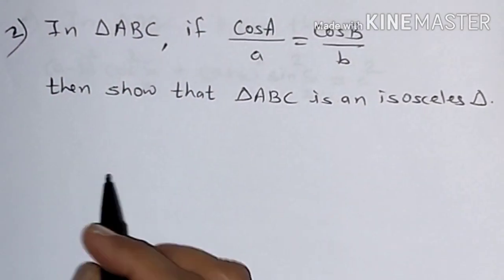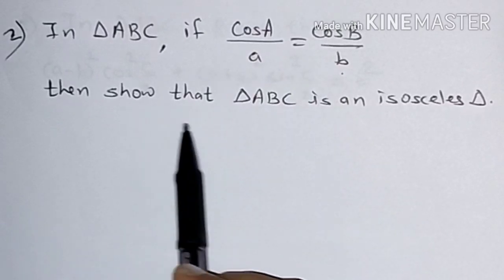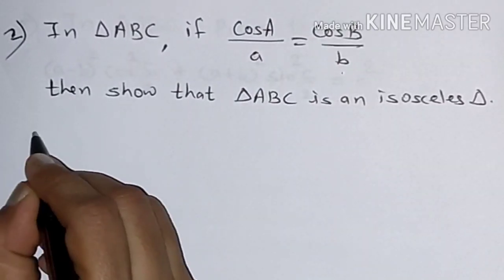Let's proceed with the next problem. In triangle ABC, if cos A upon a is equal to cos B upon b, then show that triangle ABC is an isosceles triangle.